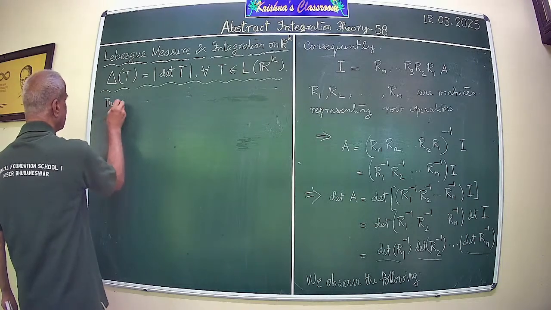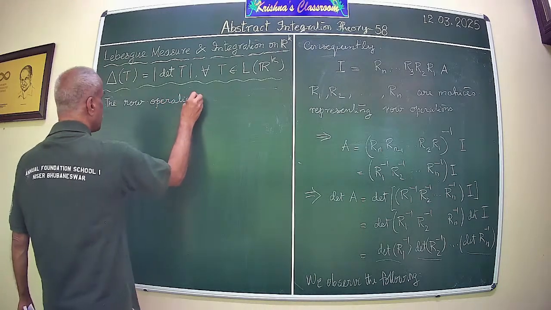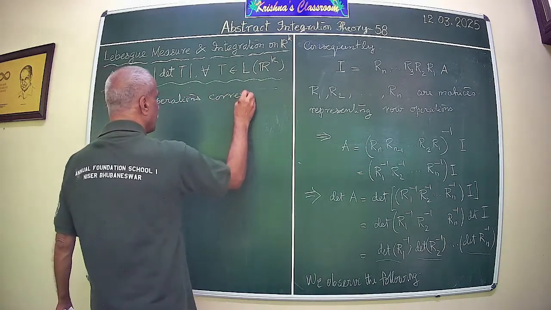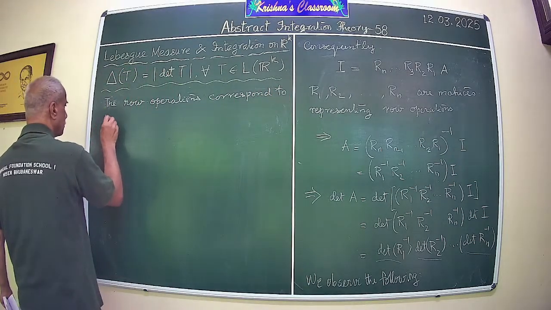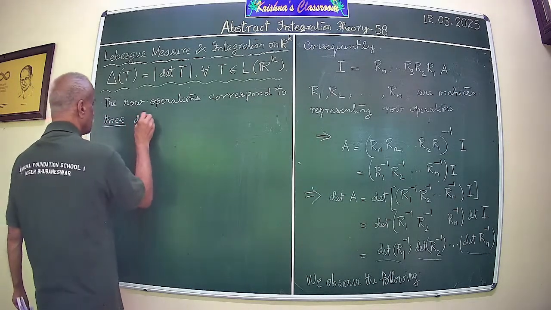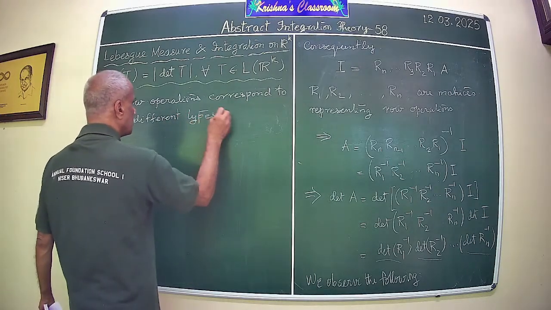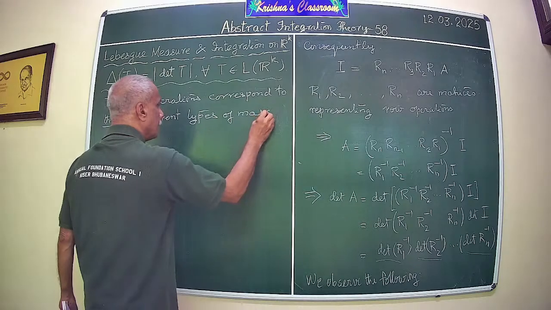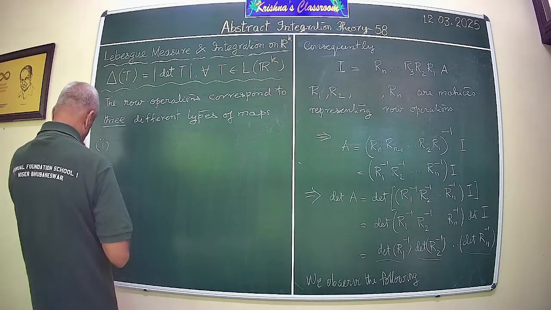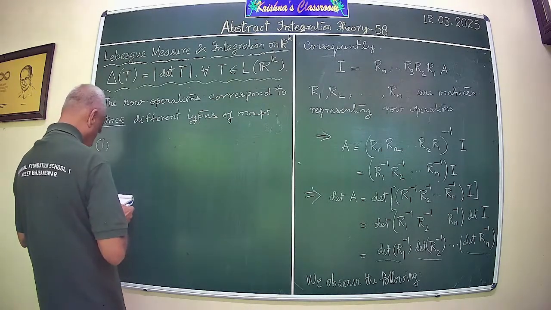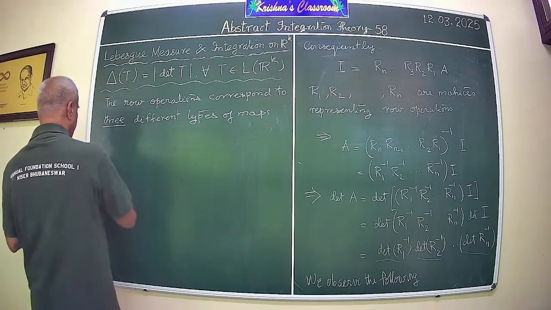The row operations correspond to three types. The first one is type 1.